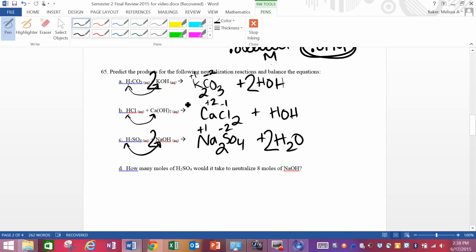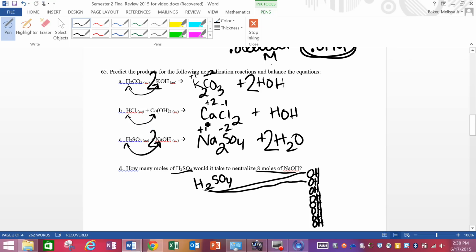Letter D. How many moles of H2SO4 would it take to neutralize 8 moles of OH? Well, I'm going to write out these 8 OHs. I'm writing out each mole represented with 1. And then point out that 1 mole of H2SO4 can actually satisfy 2 of these guys.